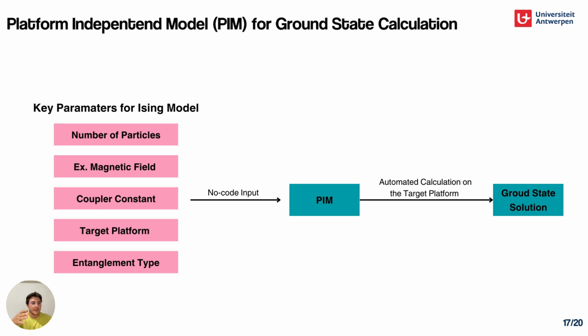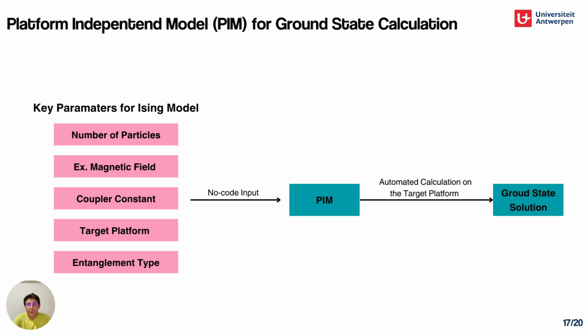Let's deep dive into the platform independent model for our ground state calculation. What the PIM actually does is automate the ground state calculation by just taking the Ising model parameters as a no-code input. As I said, we define some parameters that are required to compute the ground state energy on any platform.